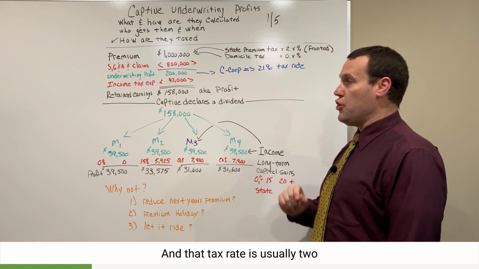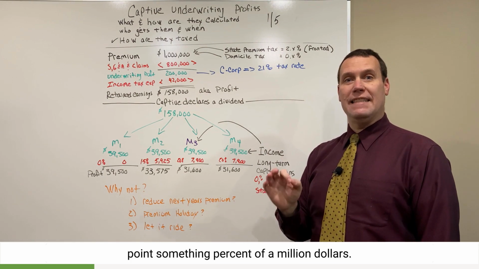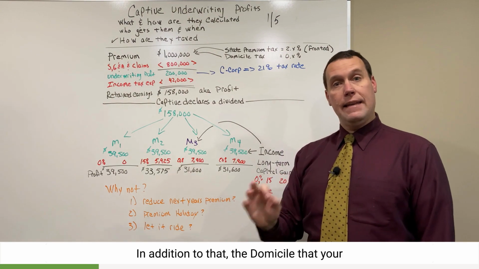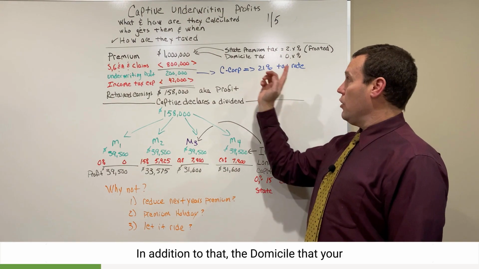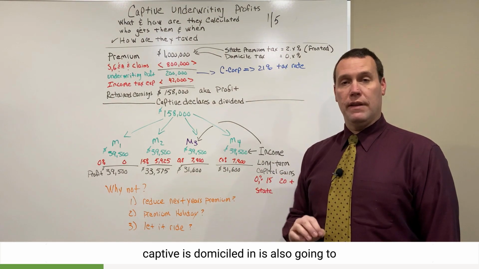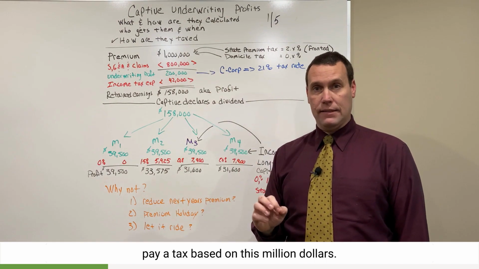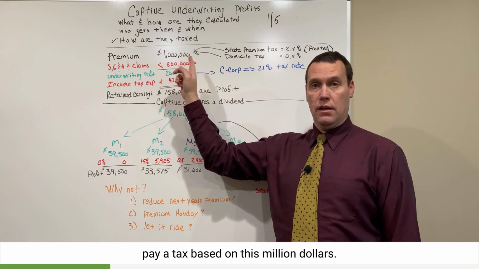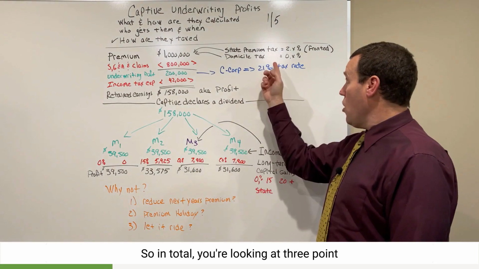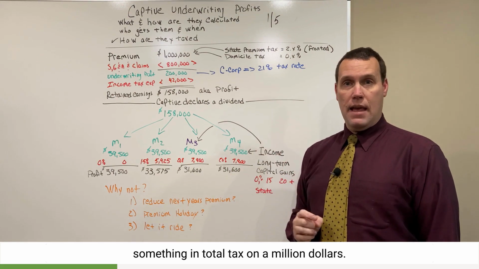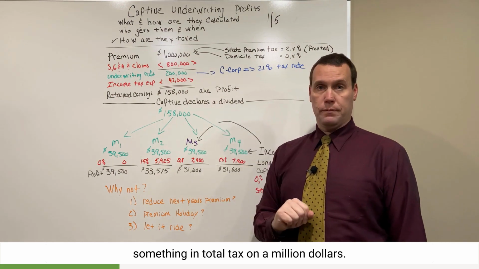And that tax rate is usually 2-point-something% of $1 million. In addition to that, the domicile that your captive is domiciled in is also going to pay a tax based on this $1 million. So in total, you're looking at 3-point-something in total tax on $1 million.